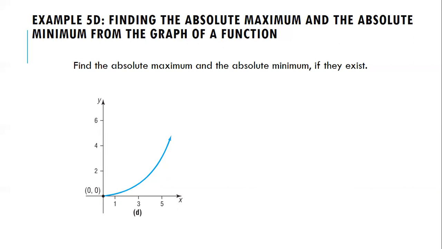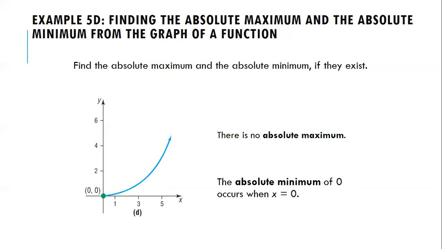Here we go. What is my absolute maximum? None. There isn't one because it goes on forever. It's increasing forever, so there isn't one. What is my minimum? 0. There is a minimum of 0 at x equals 0.